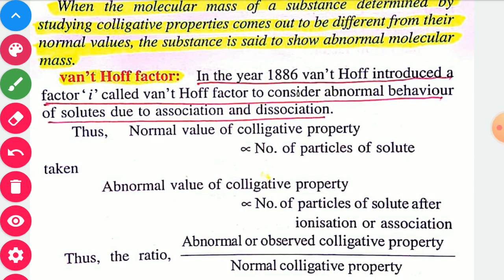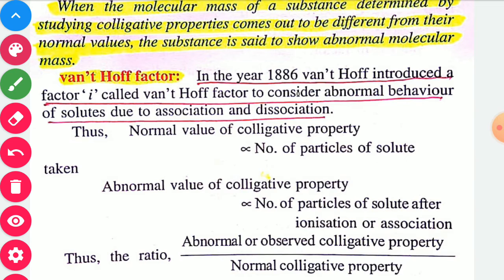Next point is the Van 't Hoff factor. To overcome the abnormality in the colligative property, one new term is given, that is known as the Van 't Hoff factor.